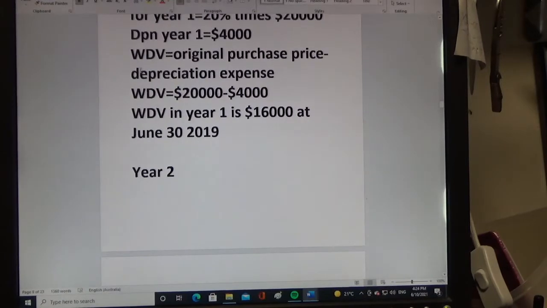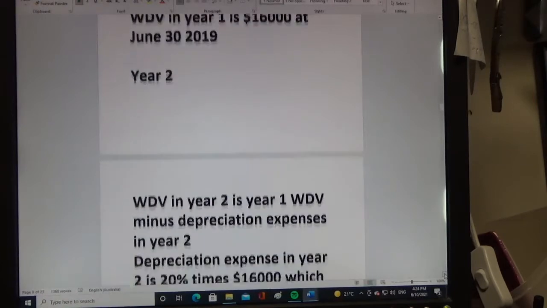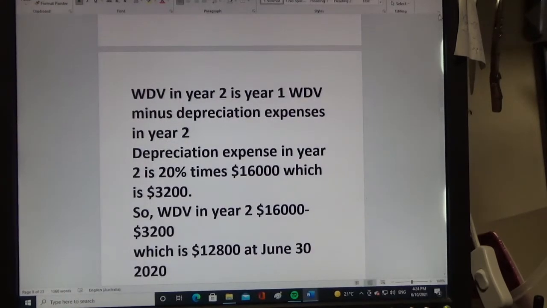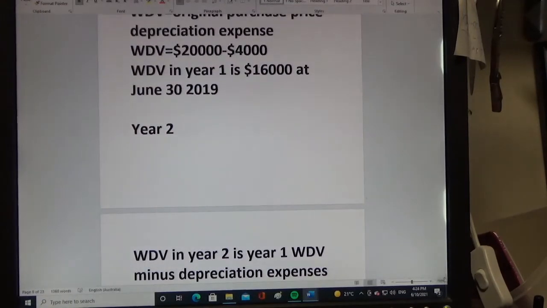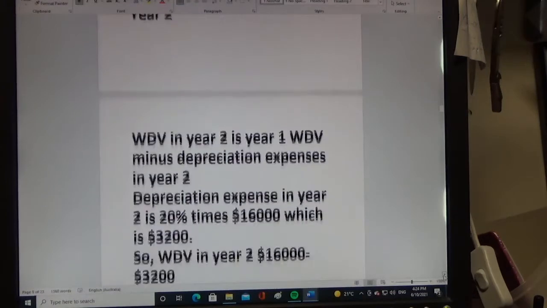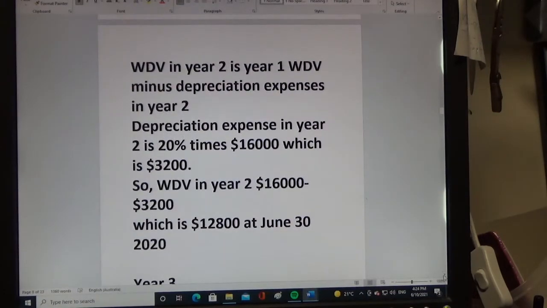So the new written down value in year 1 is written down value equals original purchase price minus the depreciation expense. 20,000 minus 4,000 gives you written down value at the end of year 1 of 16,000. In year 2, so you use last year's written down value, 16,000, carry it forward in the depreciation schedule. The new written down value is the previous written down value minus the depreciation expense in this period. Now, what is the depreciation expense?